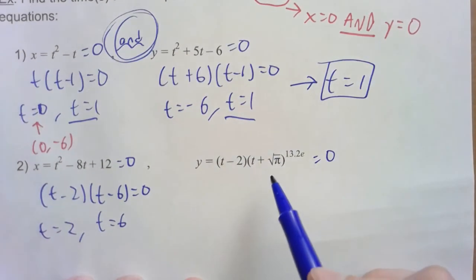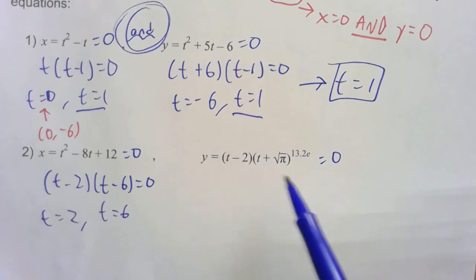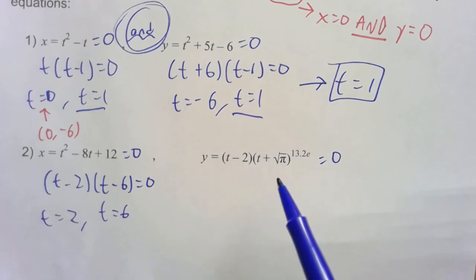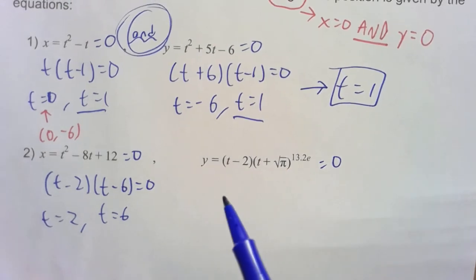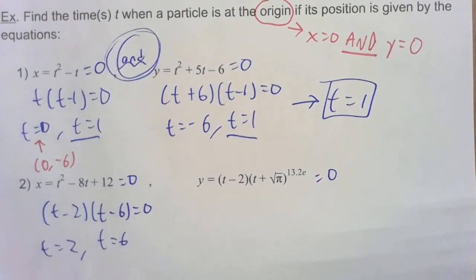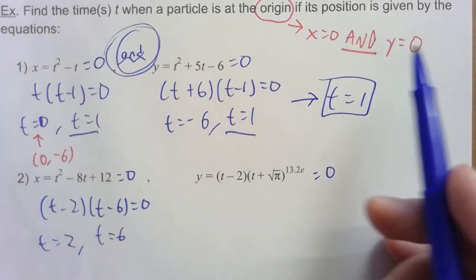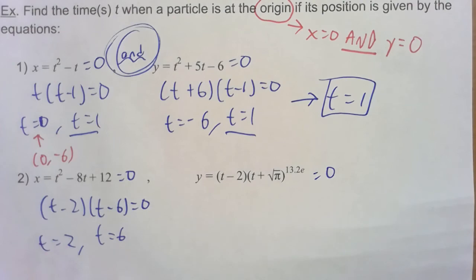This one over here might look a little bit weird. The reason that you're going to see some stuff like this is I noticed in talking to some students that sometimes what they did was they were just setting the two equations equal to each other, which sometimes would work. Because if x equals 0 and y equals 0, that means that x does equal y. But of course, you could also have the point 1 comma 1. You could have the point 5 comma 5.